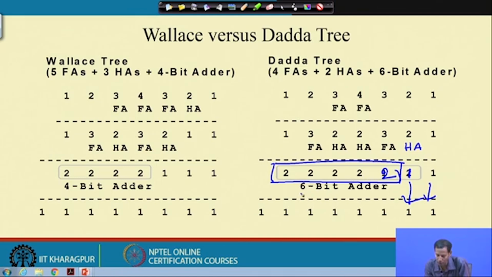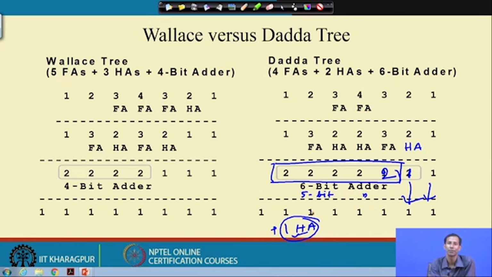At that time what do I require? I will require a 5-bit adder for doing this, but at what cost? I have increased the hardware by one half adder. That means here I am putting one extra hardware, that means a half adder, but I can reduce the adder tree from 6-bit to 5-bit. Okay, that also I can do.